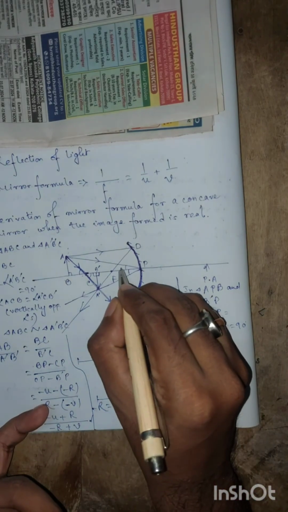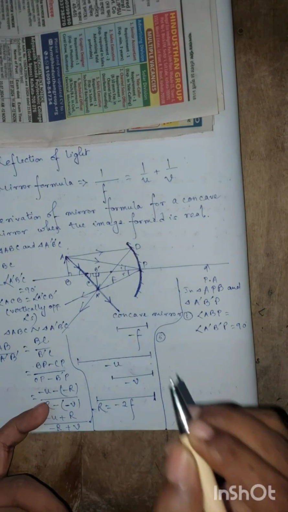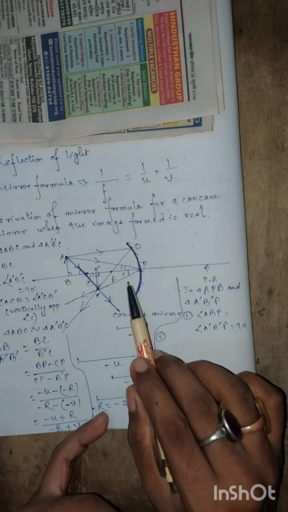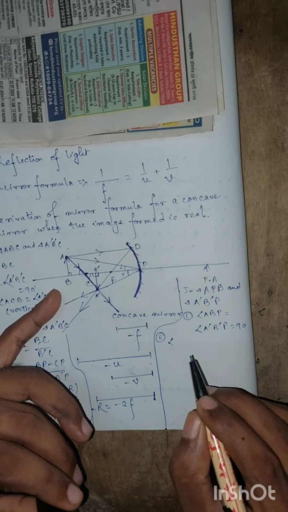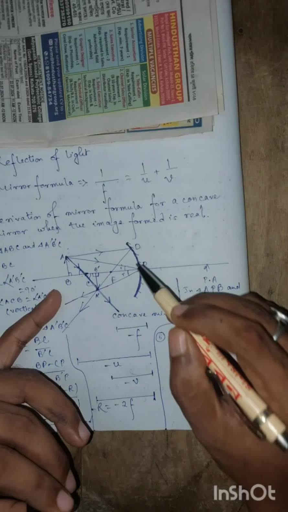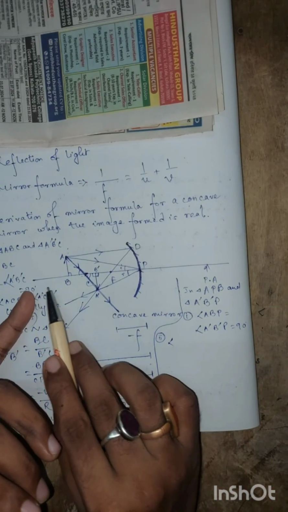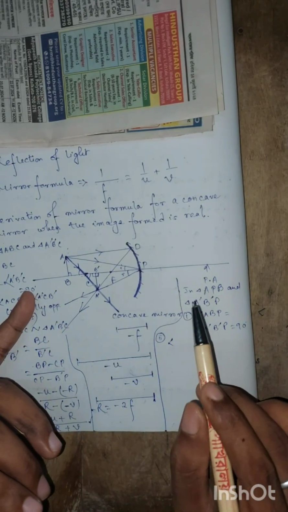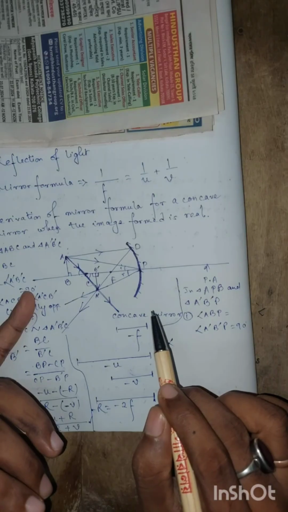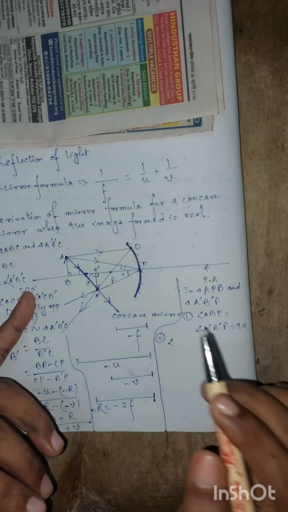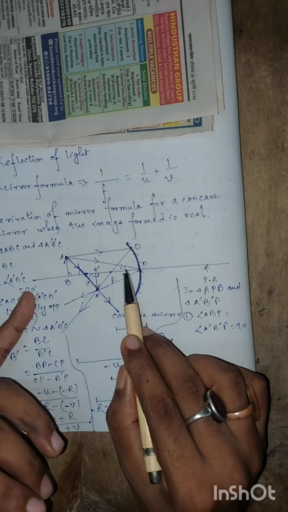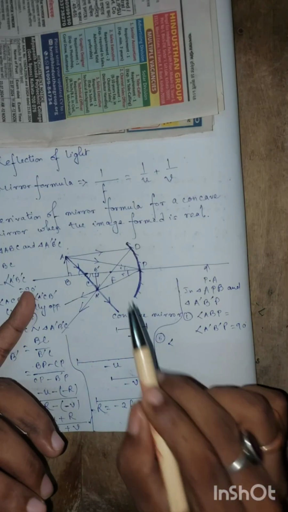So this is our angle I, this is our angle R, but we know angle I is equal to angle R. That means we can say, the principal axis behaves like the normal at the point of incidence. So this angle is equal to this angle.